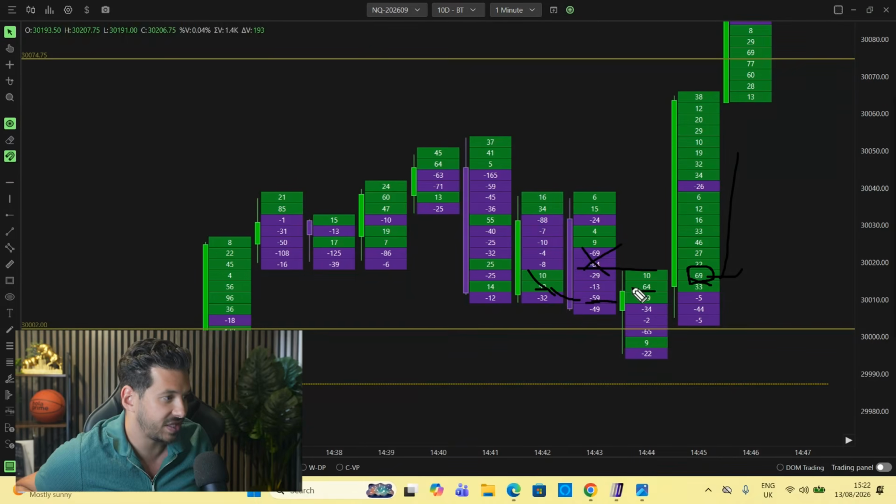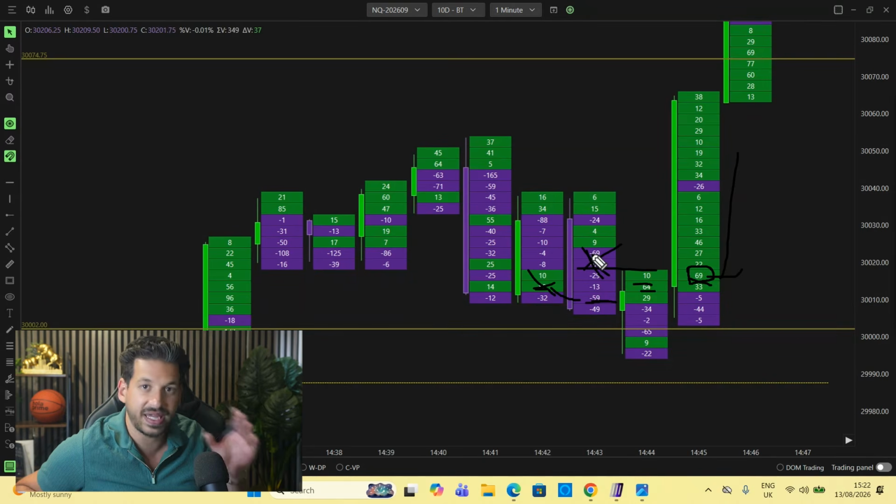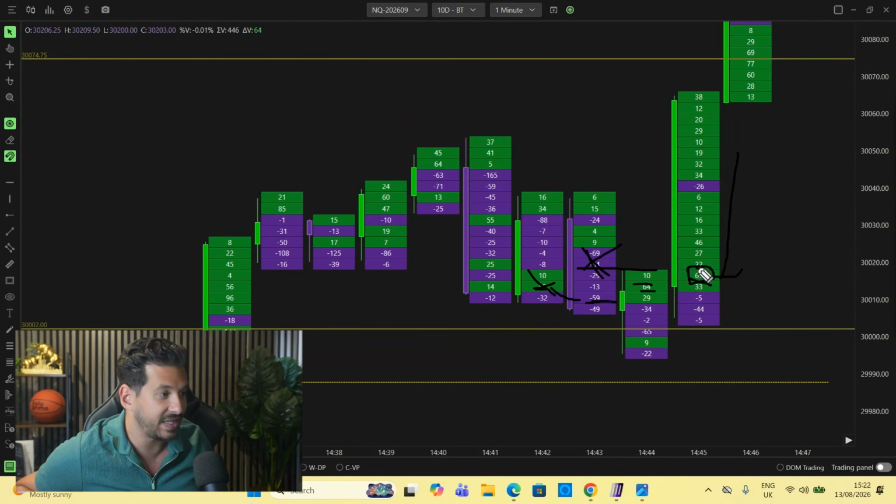Because again, this 64 are those sellers getting stopped out. That 59 are those buyers getting stopped out. So do you see how I'm breaking down the market on who is exiting and who is actually fresh and entering? If you can identify that, then you know that these are the next new fresh buyers coming in. All right, interesting. Let's jump in.